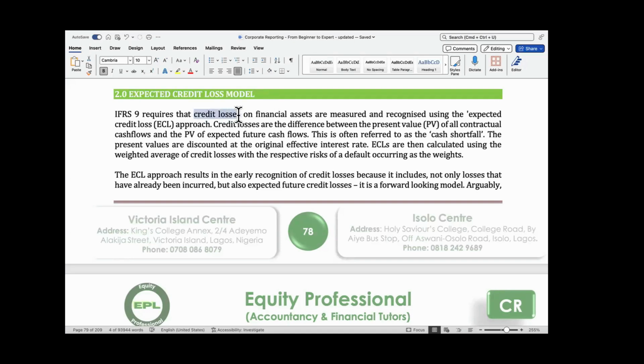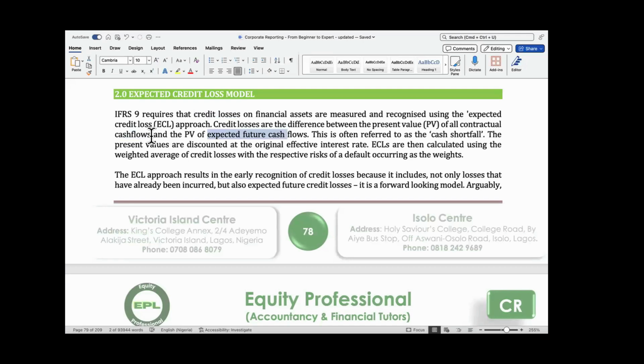And again, for simplicity, this credit loss means that you will not collect all your money. Technically, it's the difference between the PV of contractual cash flow and expected cash flow.